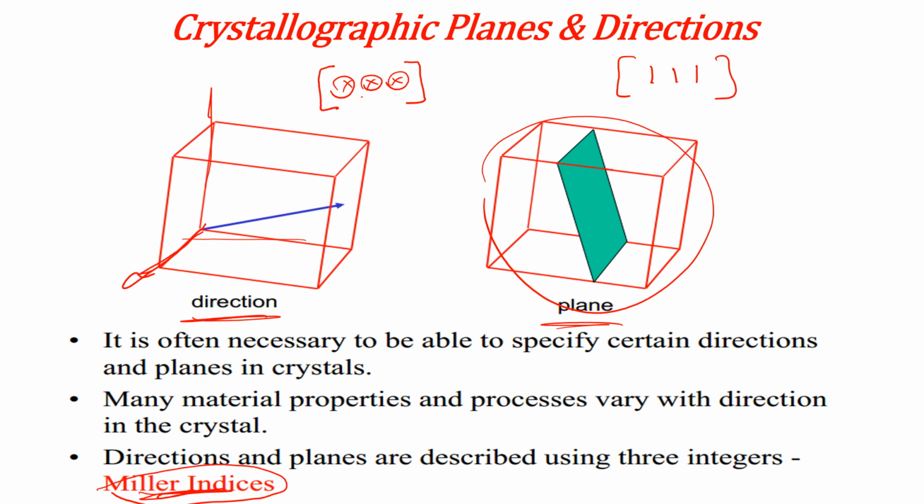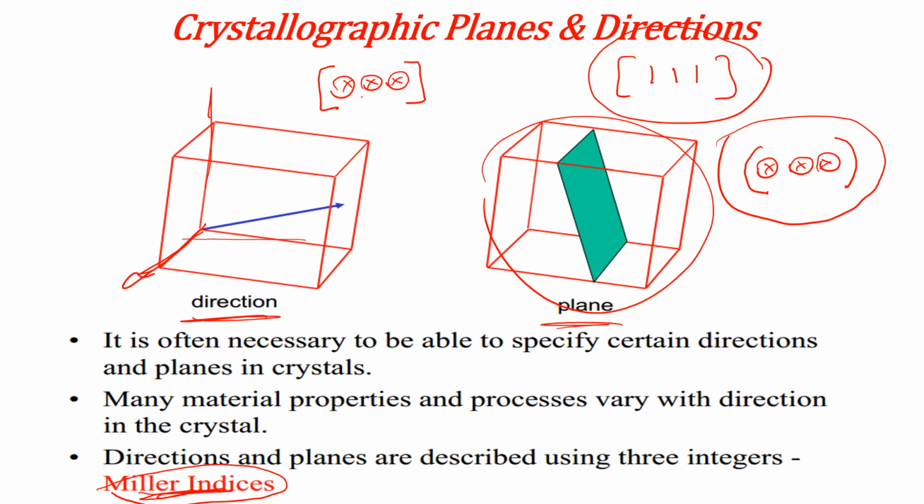And planes again, a plane looks like this. So we should know how to write the Miller index of a plane. Again, we have the Miller index for a plane with three numbers. First one related to the X direction, second related to the Y, and third related to the Z. And there are no commas in between the numbers. So planes have parentheses and directions have square brackets.